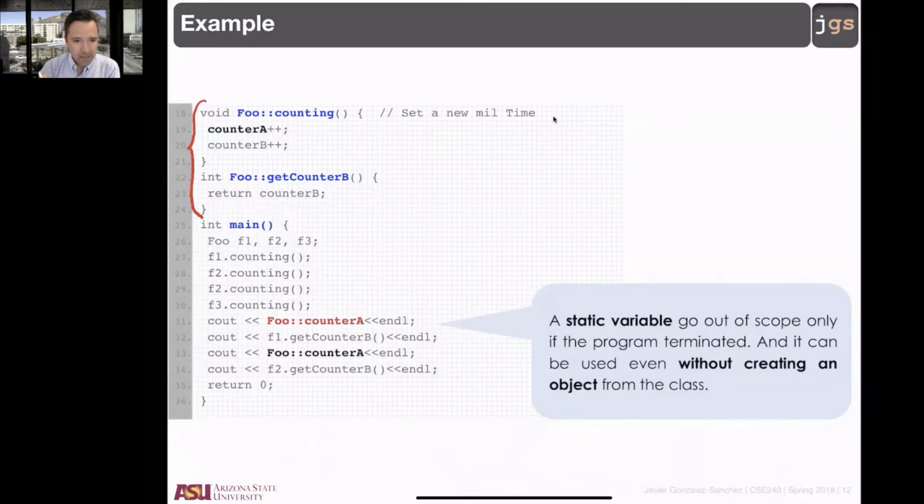Inside of the main here, I am creating three objects, F1, F2, F3, from the class Foo. Do they live in the heap or in the stack? Yes, in the stack, because the only way for them to be in the heap is using pointers. I am not using pointers yet. So they are in the stack.